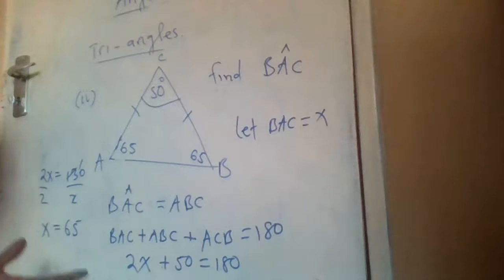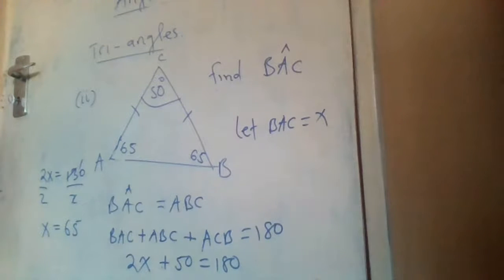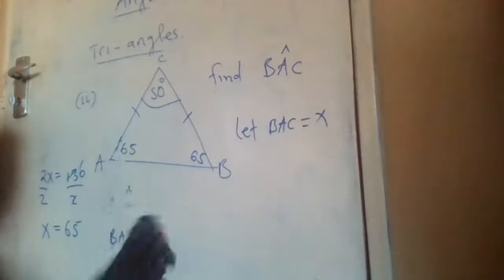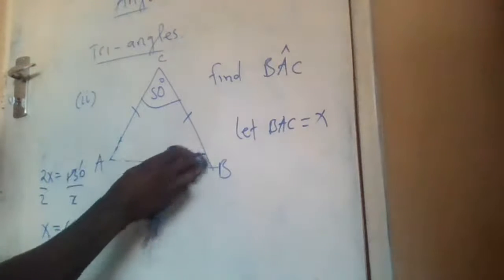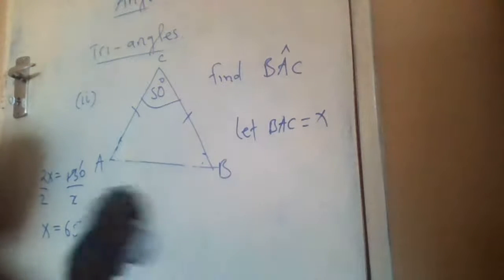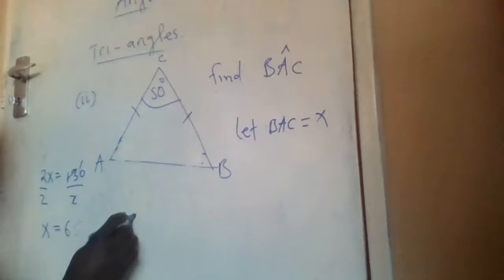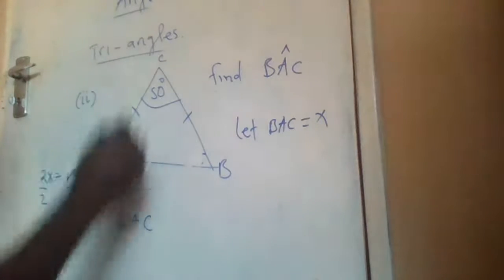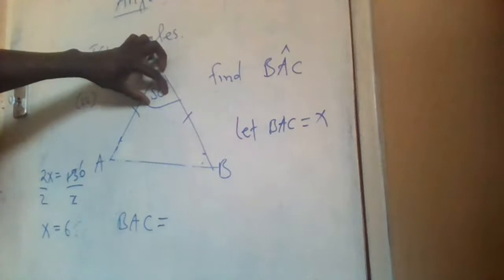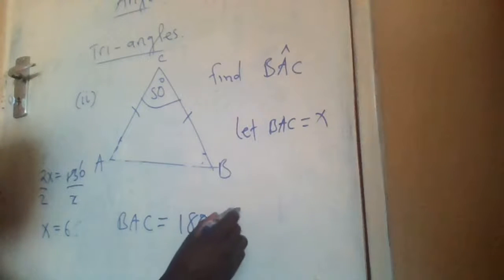If you have understood these angles in the right way, all these procedures are not even important. I was just showing this for the sake of having a full understanding. If you understand the angles, we just say that angle BAC must be equal to 180 minus 50.